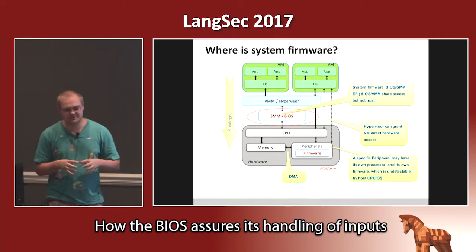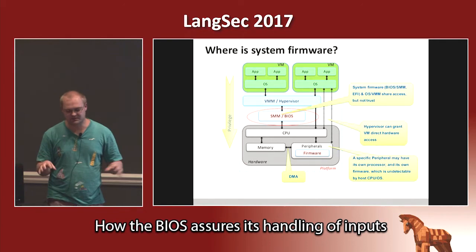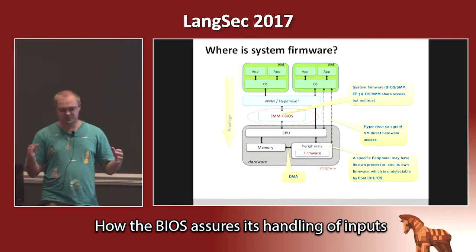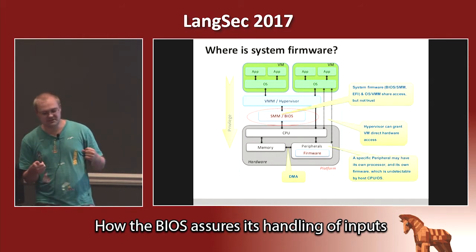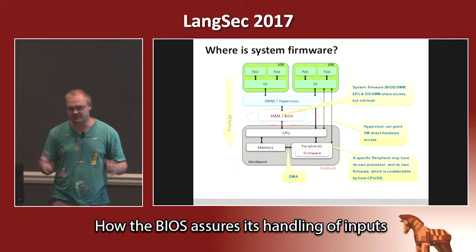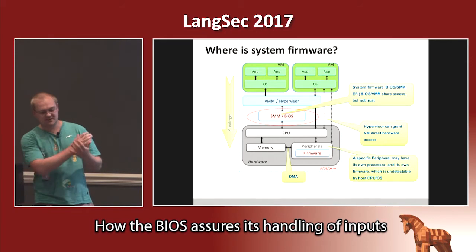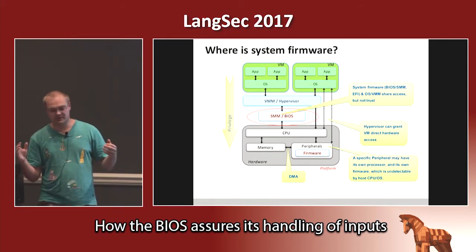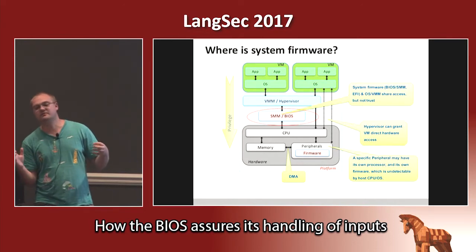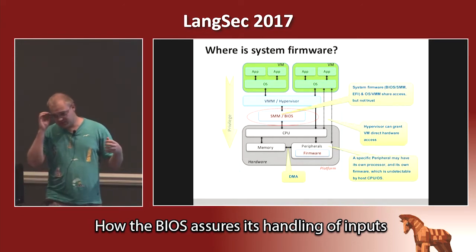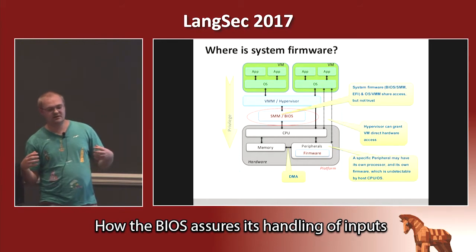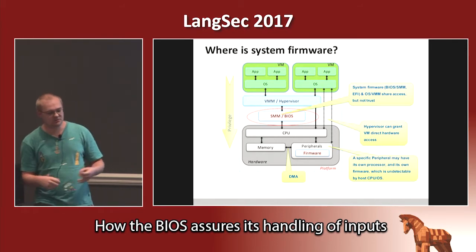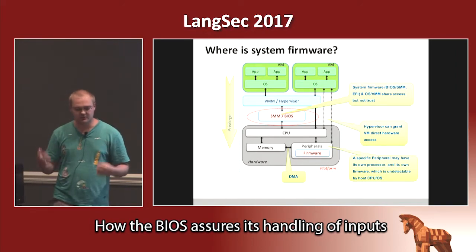In general, BIOS is split into two components. One is the boot time component. The boot time component is everything which runs when you power on your system, after the reset vector instruction. The first instruction in the system is the reset vector, and after the reset vector, we have all of this complicated boot flow, which is a big part of the BIOS. In that part of the BIOS, we also have inputs, like it needs to parse the file system and parse the executable files to load the bootloader, and so on.